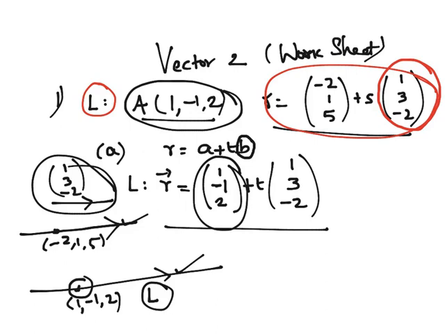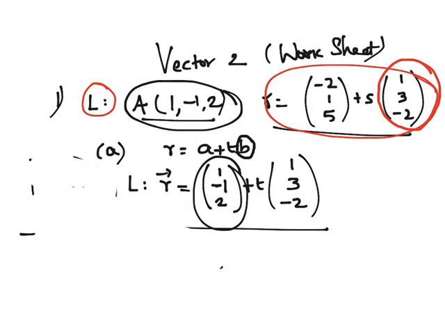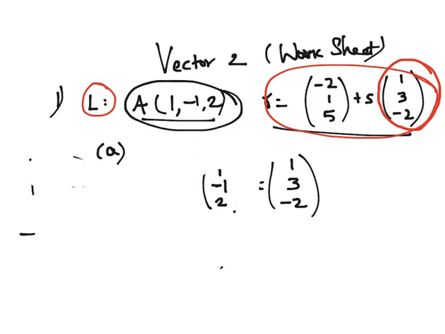Now I have seen many students make this mistake. When they are supposed to find the equation of line L, they don't write r vector. They just write only this, which is incorrect. We have r equal to a plus tb, so you have 1, minus 1, 2 plus t times.